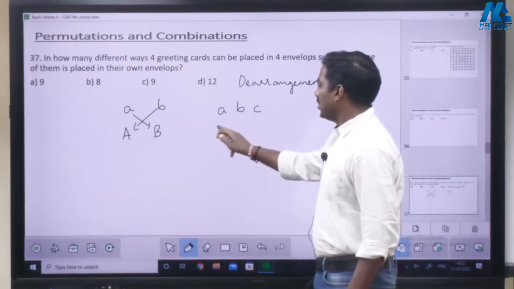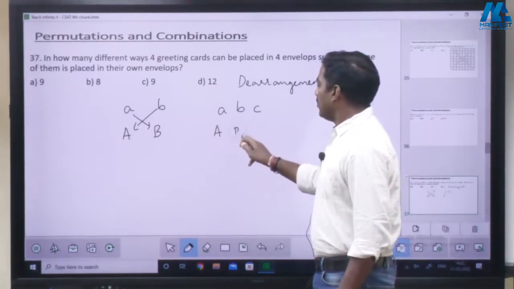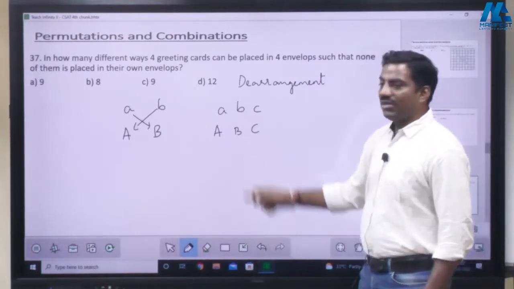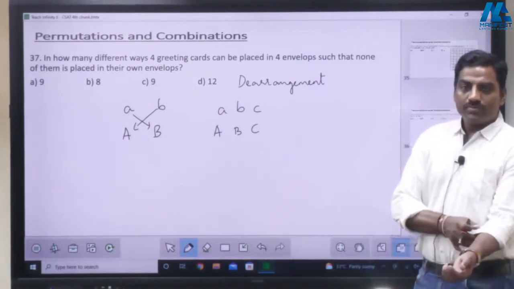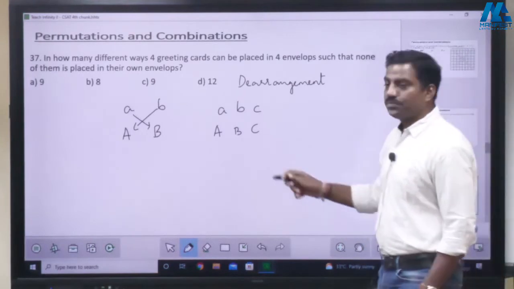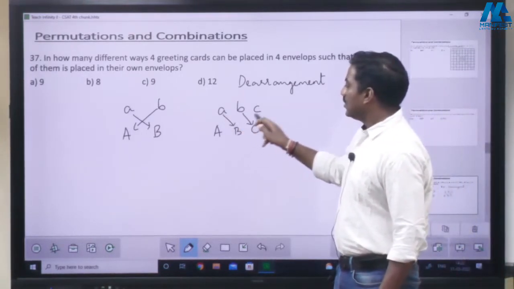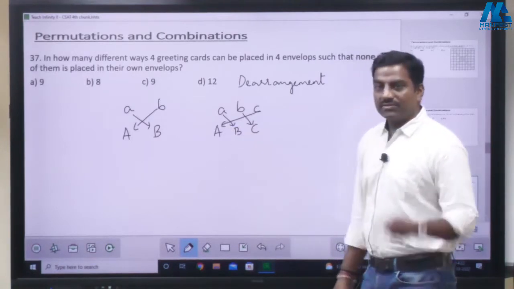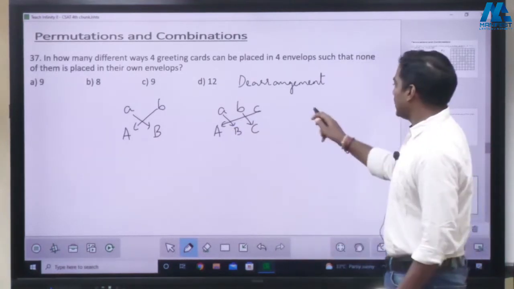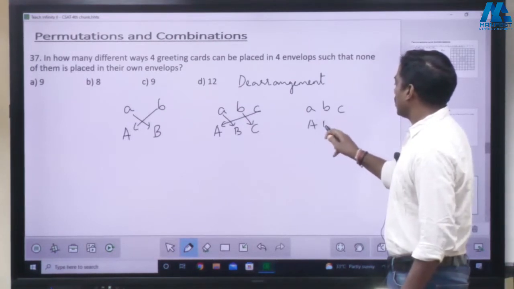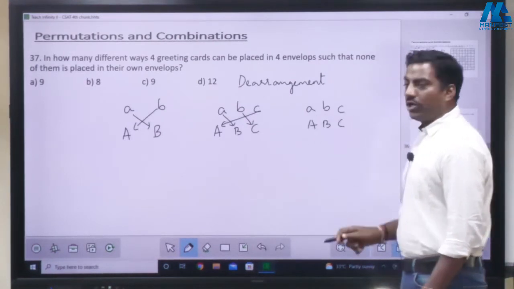Getting my point? Okay, now let us take 3. A, B, C, A, B and C. These are letters and these are envelopes. What you will do? First, you will put A into B, B into C, C into A. This is one way of arranging. Other way, A has already gone into B, no?